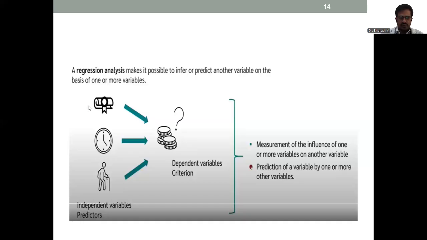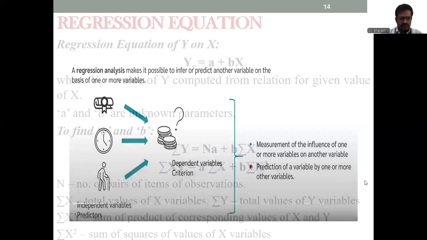We can predict using his education, how many hours he works, and his age. These are all independent variables, and salary is the dependent variable, dependent on these three things. To calculate or forecast this, we use regression analysis: the measurement of the influence of one or more variables on another variable.